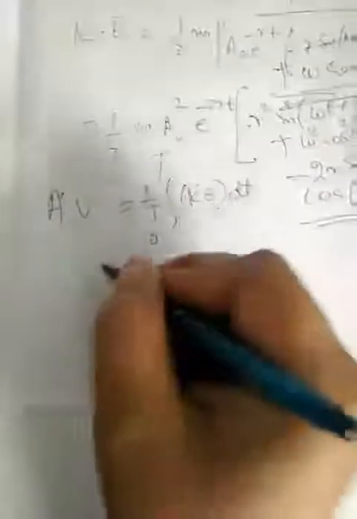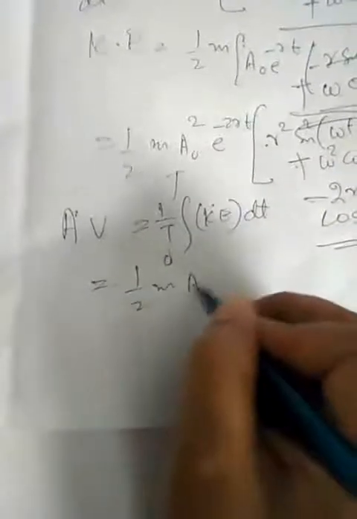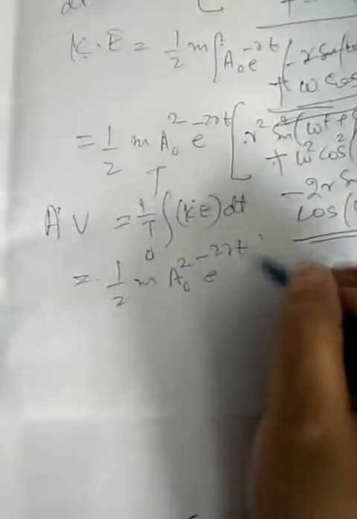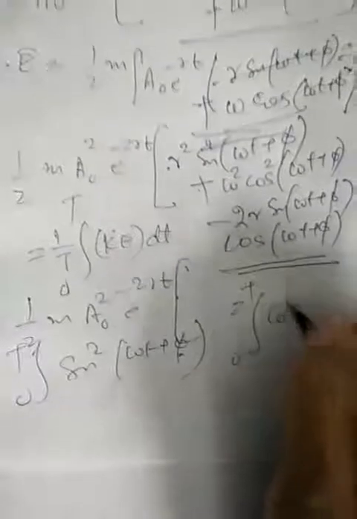So we are going to integrate all these terms. We take half m a naught square e raised to minus 2 gamma t, and the integration is done for all three factors: 0 to t of sine square omega t plus phi, then 0 to t of cos square omega t plus phi, then the third term, 0 to t of sine omega t plus phi into cos omega t plus phi. So all three integrations we have to solve.